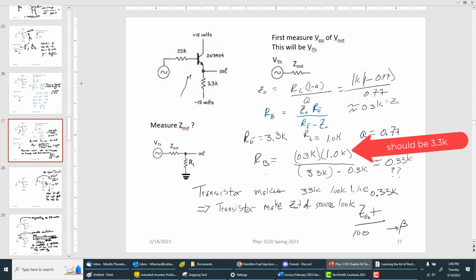But we know that it's actually 33K. So remember that R base is masquerading as the output impedance of our source. And that tells us that the emitter follower takes whatever Z out and divides it by 100 in this case, which is also our beta.